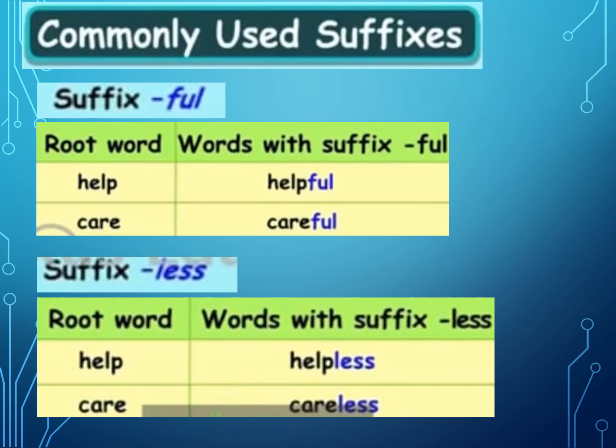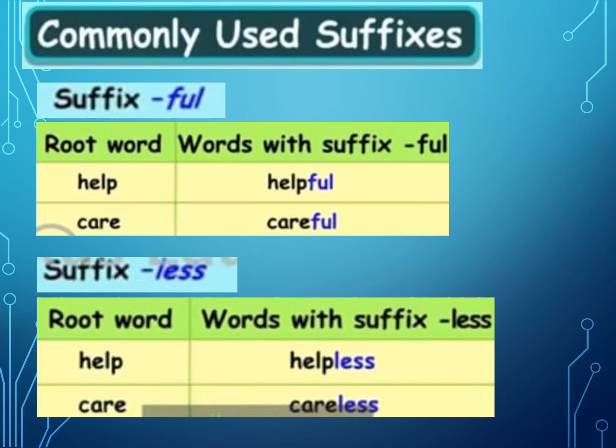Let us see one more suffix that ends with less. If the root word is added with less, it changes into different words. For example, help is the root word. If we add less to this root word, it changes into helpless.